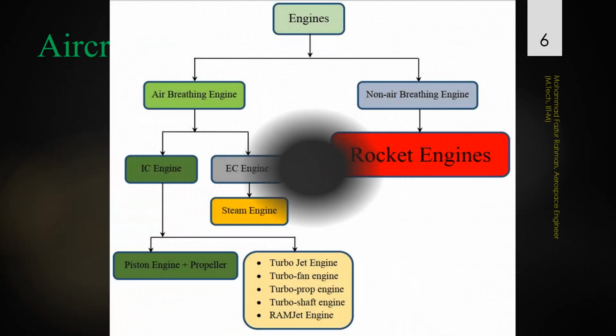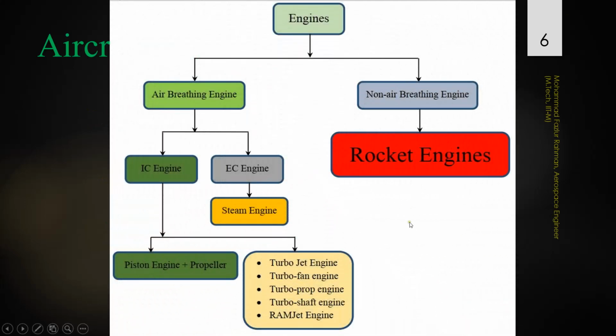This flow diagram will give an idea about how the engines are classified. So we have air breathing engines as well as non-air breathing engines. Non-air breathing engine has only one example, that is the rocket engine. And in air breathing engines we have IC engines and EC engines. IC means the internal combustion engine, and EC is external combustion engine.